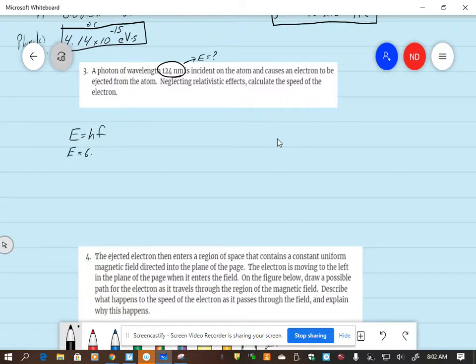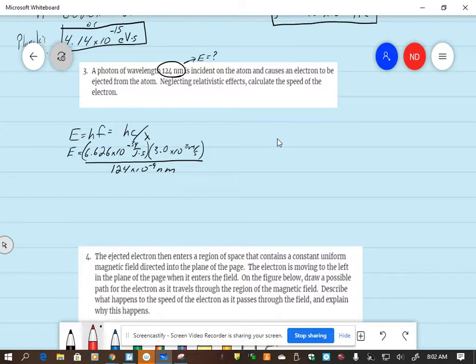Energy equals 6.626 times 10 to the minus 34th joule seconds times, so remember, this is hc over lambda, 3 times 10 to the 8th meters per second over 124 times 10 to the minus 9th meters.